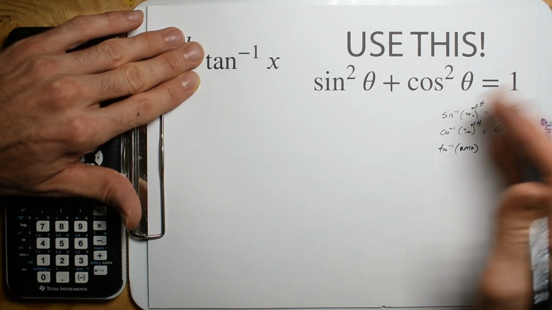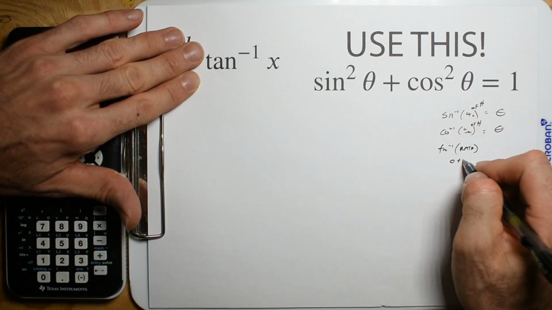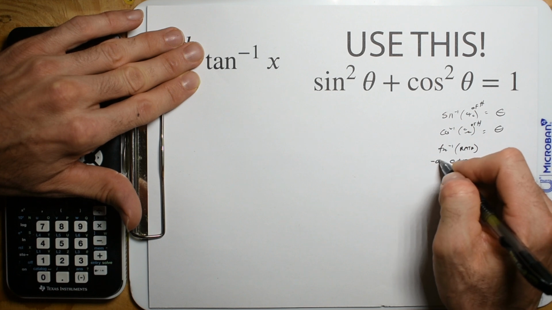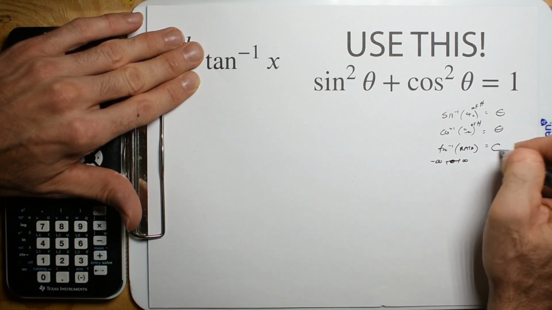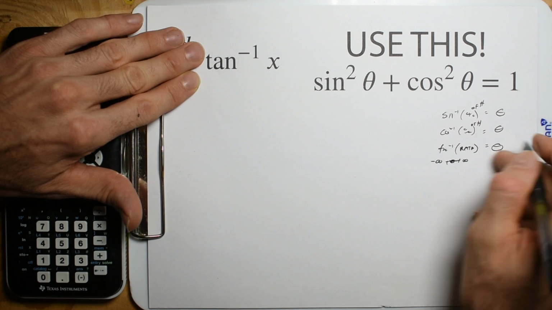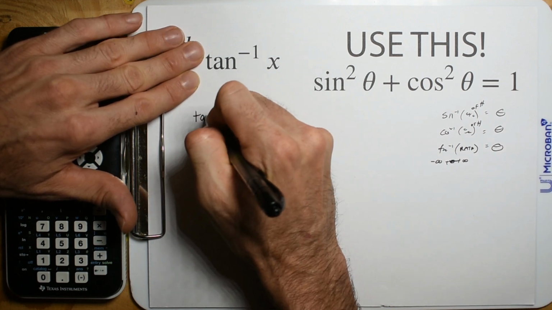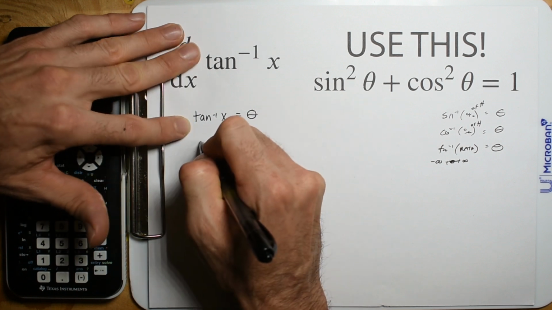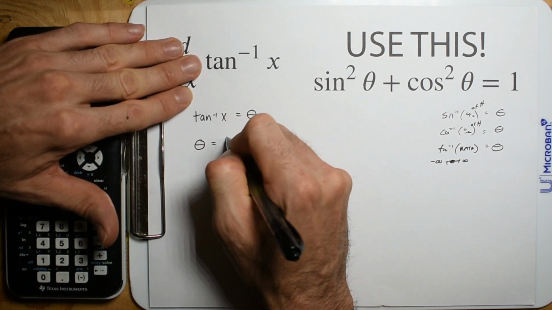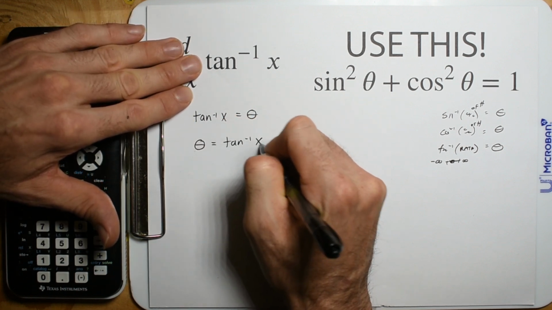This ratio is going to be all over the place, from negative infinity to positive infinity. Okay, but still you're going to pop out an angle. So we can say that inverse tangent of x is theta, and I'm sure you would want to write it like this. Theta is equal to inverse tangent of x.